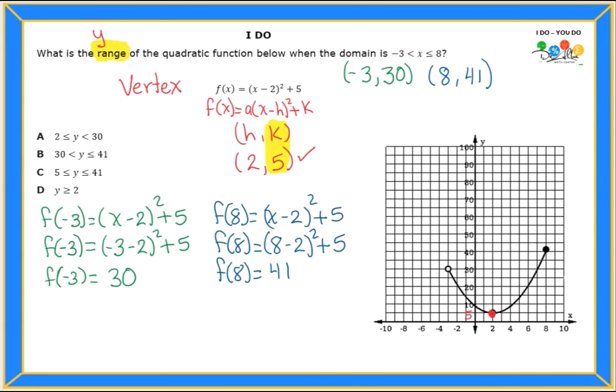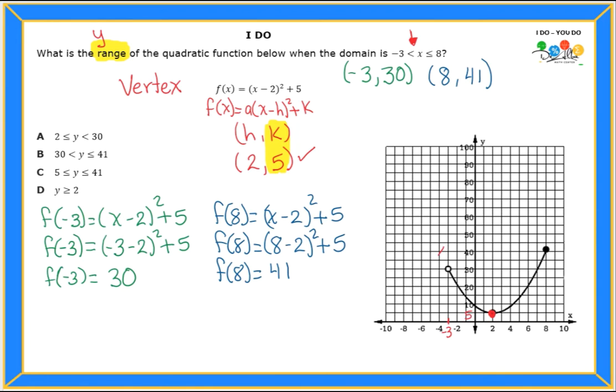I told you that was going to be a very important point for us, right? Okay, now the other point that I'm going to find will be -3 and 30. Okay, so if I want to find -3 and 30, this is -3. I know they're skipping a line, but that's okay. -3 and 30 is right there, and that's my circle. Now, notice why that circle is not shaded, because right here, do you notice how the -3 is right next to an inequality that does not have a line underneath?